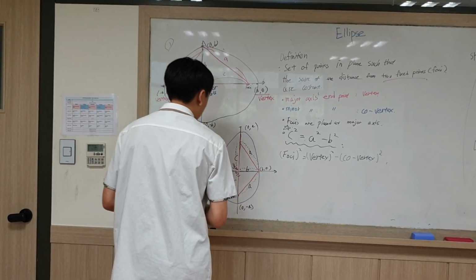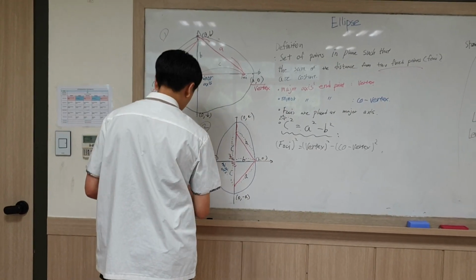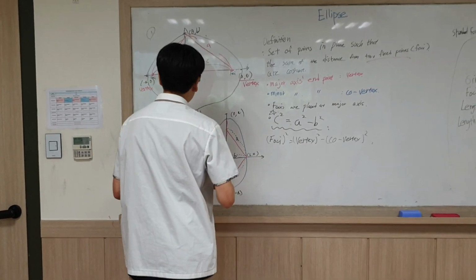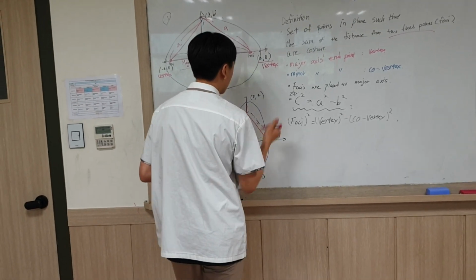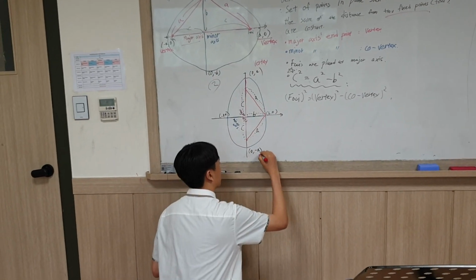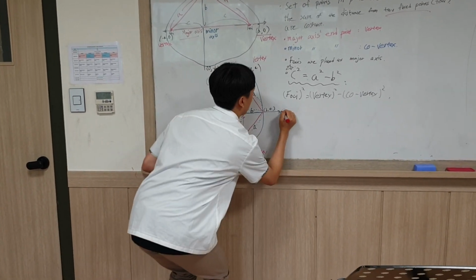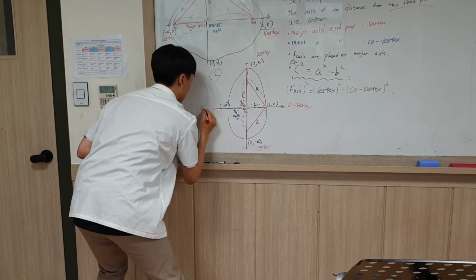And these two will be the foci, like I told you. And so these two will be the vertex, co-vertex, and co-vertex.